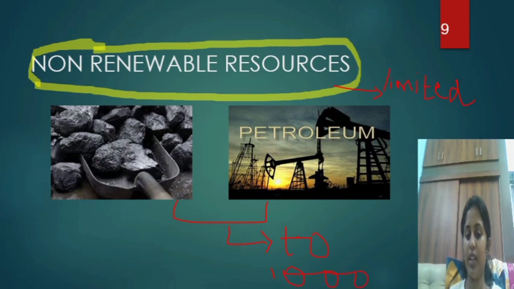To replenish, to come back to life again, it takes thousands of years, students. That is nothing but non-renewable resources.